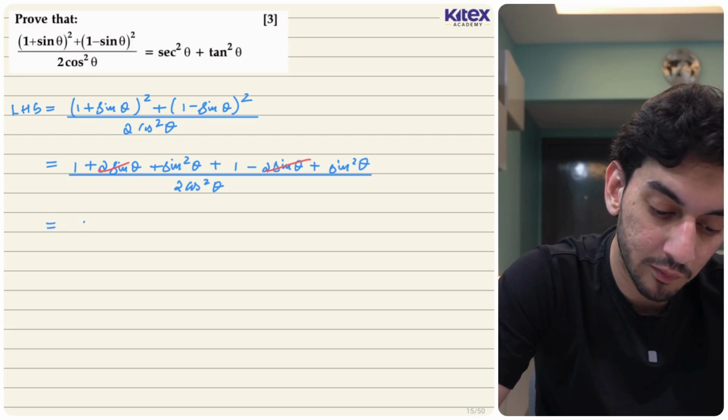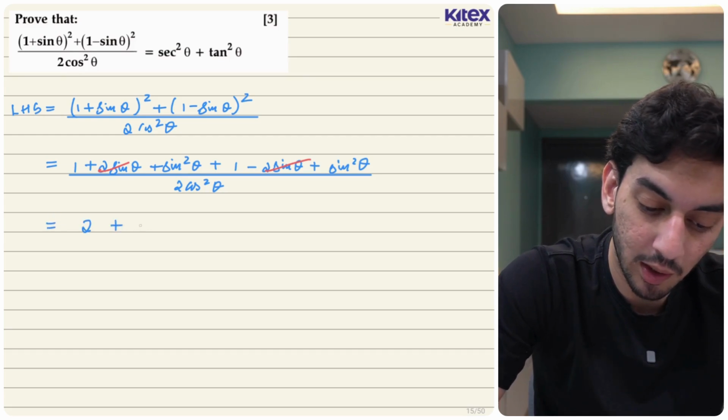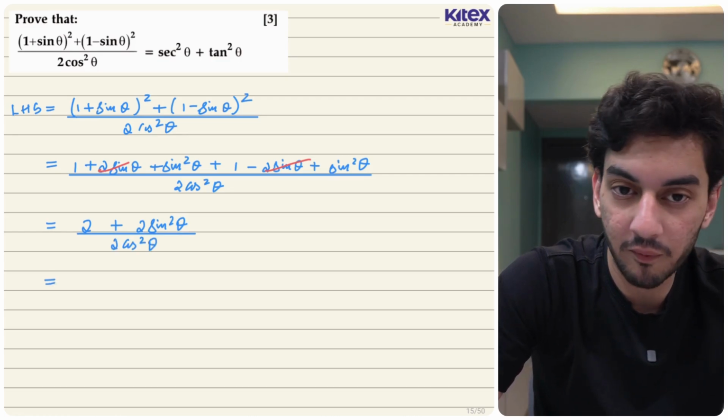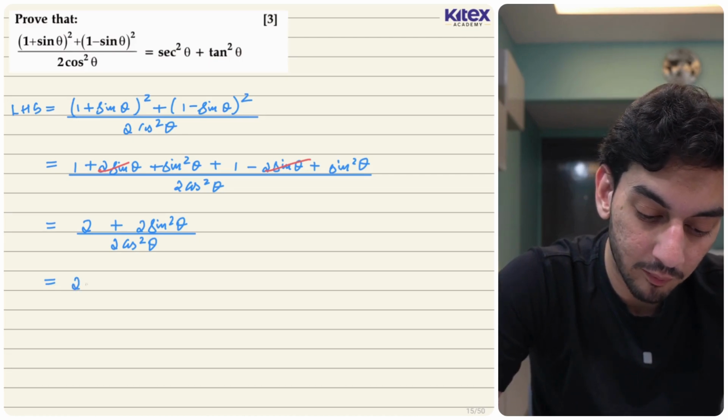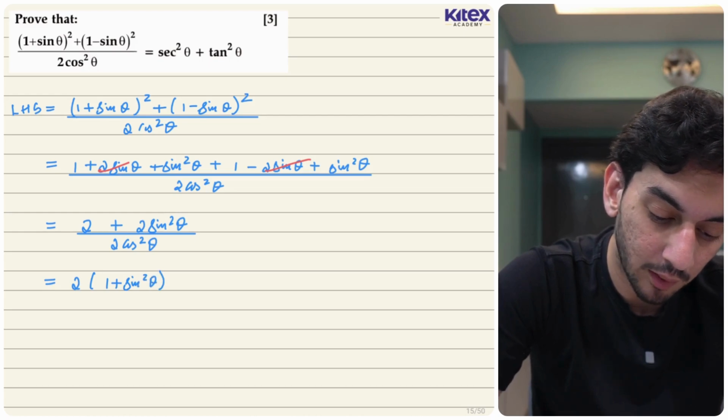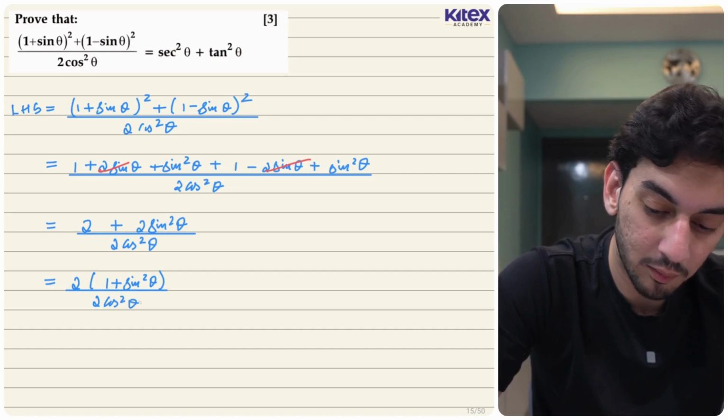I am left with 1 plus 1, which is a 2, and sin square theta plus sin square theta is 2 sin square theta. The denominator is 2 cos square theta. We can factor out a 2 from the numerator and it becomes 2 times 1 plus sin square theta, all of that divided by 2 cos square theta.